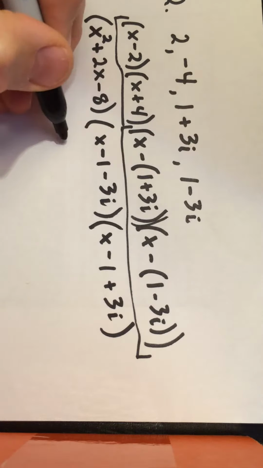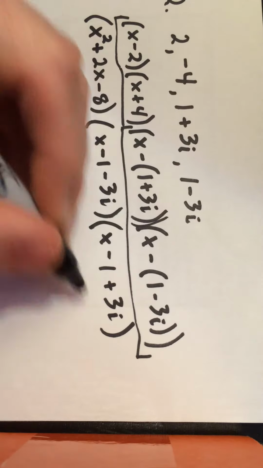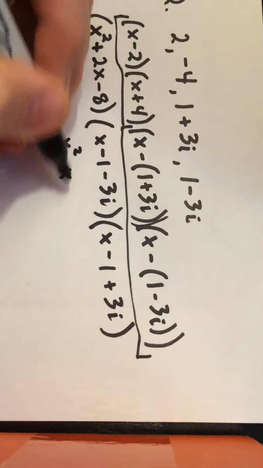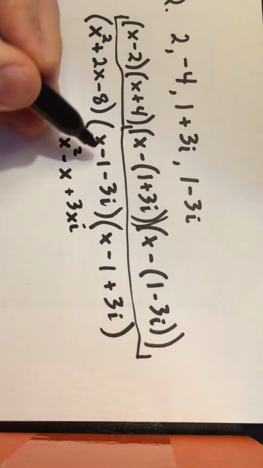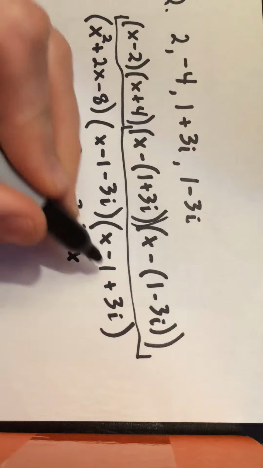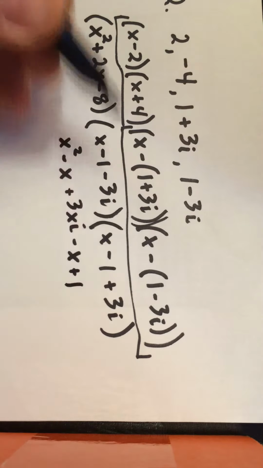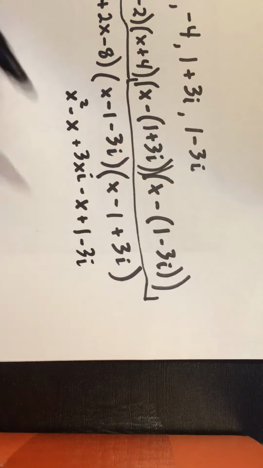So x times x is x squared, x times -1 is negative x, x times 3i is 3xi. Then -1 times x is negative x. -1 times -1 is 1. -1 times 3i is minus 3i.